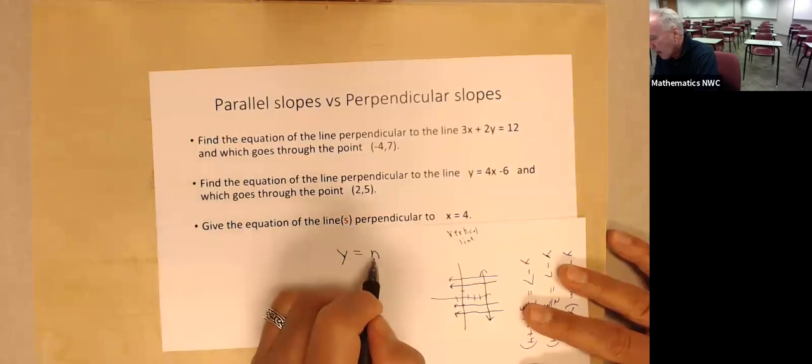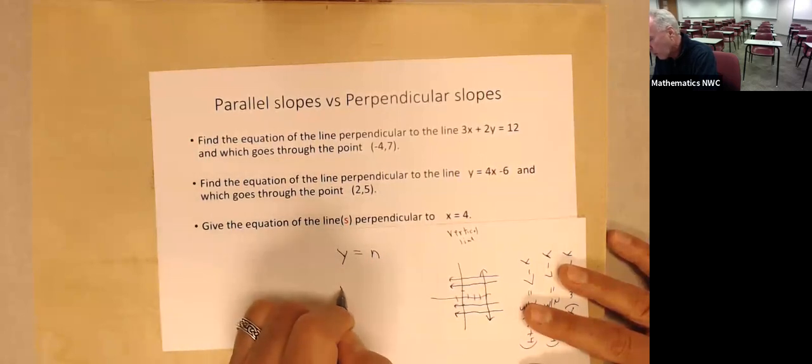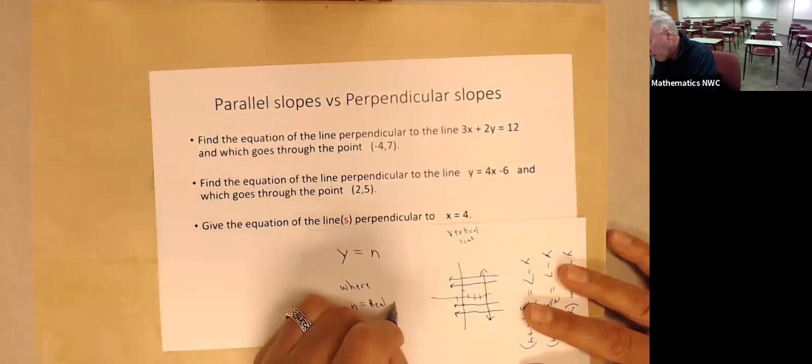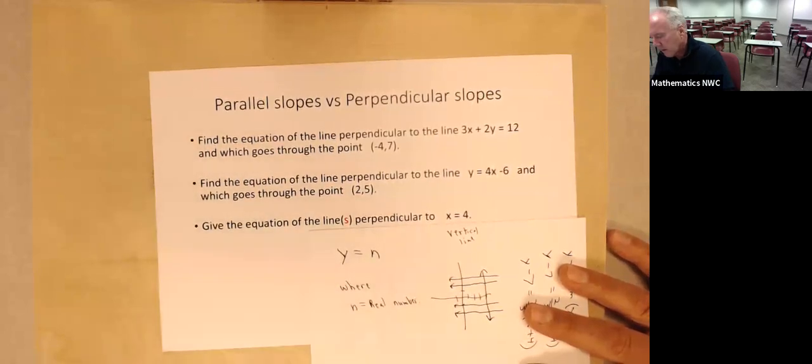It could be a fraction, could be a decimal, could be an integer, but y equal to a number n, where n is equal to any real number. Those sometimes are so easy that they're hard.